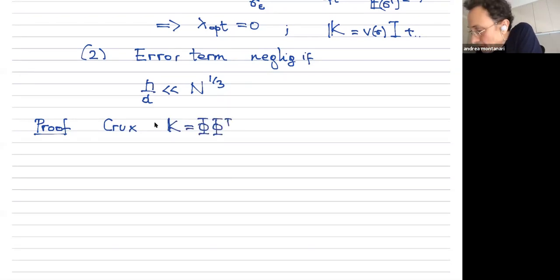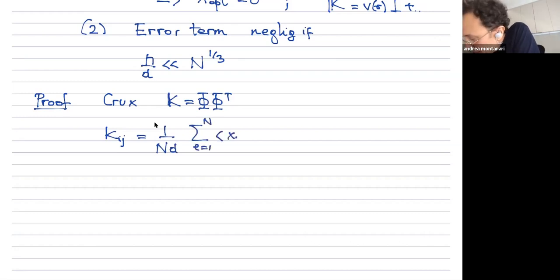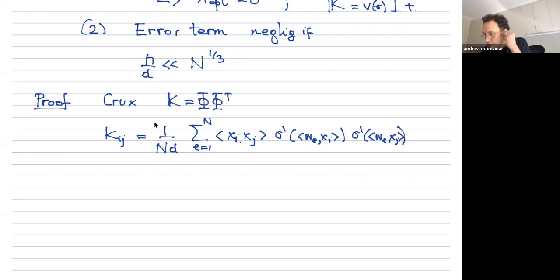This is an n by n matrix indexed by the data points, whose entry K_ij is 1 over nd, if you remember my definition of phi, sum over l from 1 to n, of sigma(x_i)sigma(x_j) times sigma prime of w_l x_i times sigma prime of w_l x_j. So it's a bit of a tricky matrix.